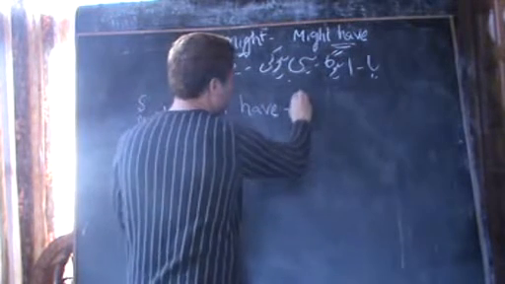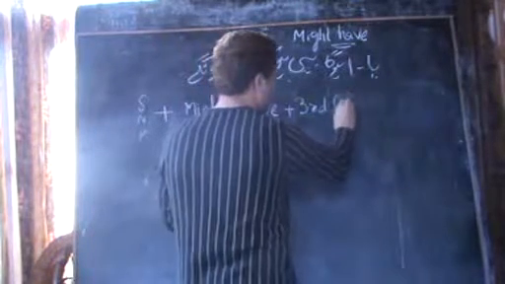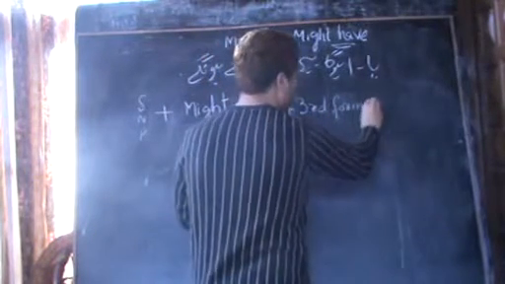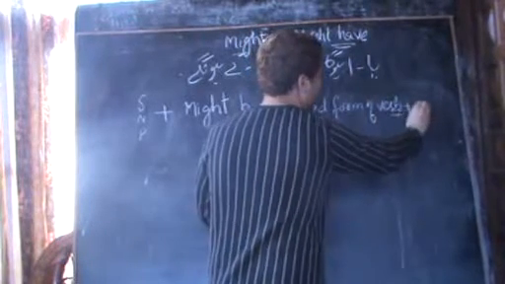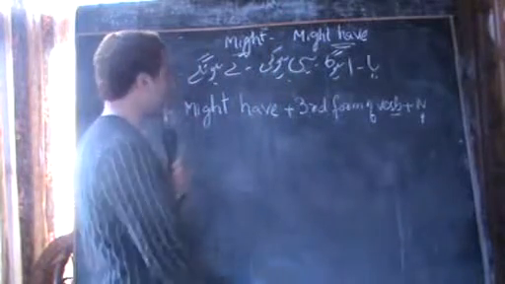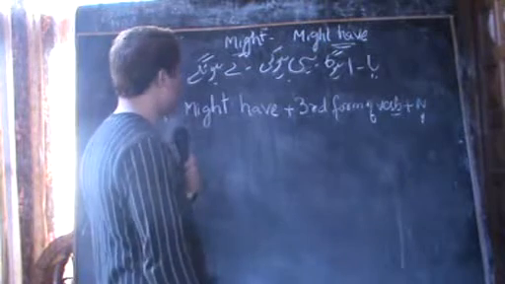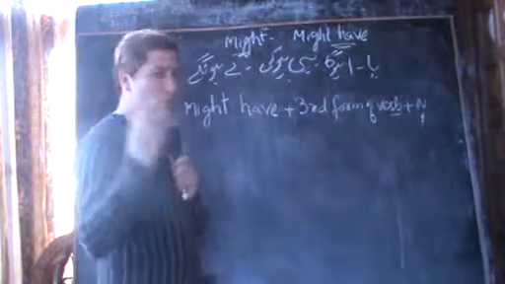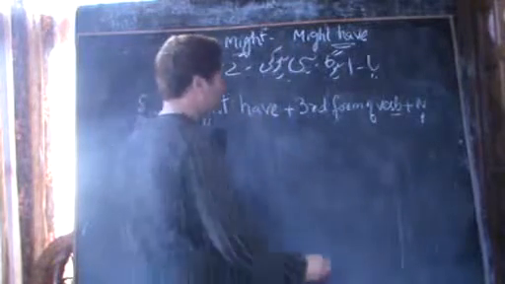Then we always use the third form of verb. And then another noun, another pronoun, another place, whatever is there. You have to see the sentence at that time. So I will write one sentence as an example, then we will see how to translate it.